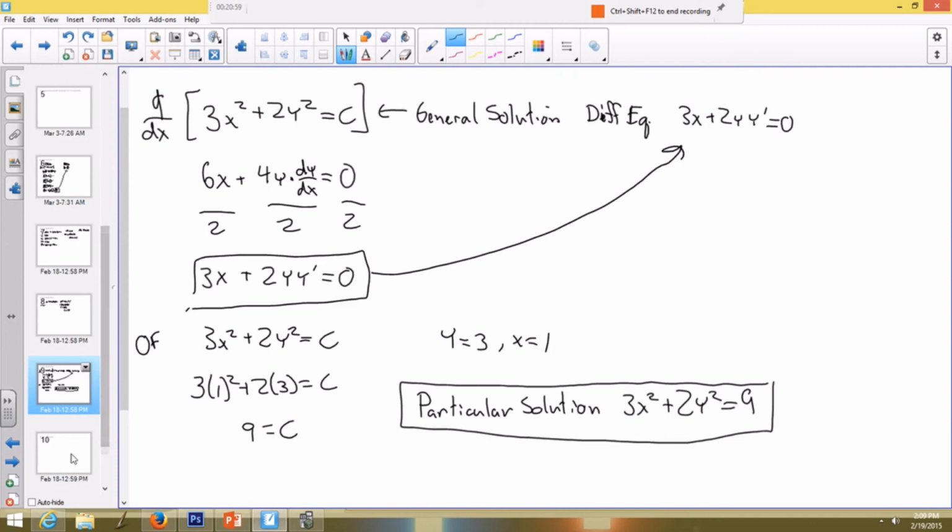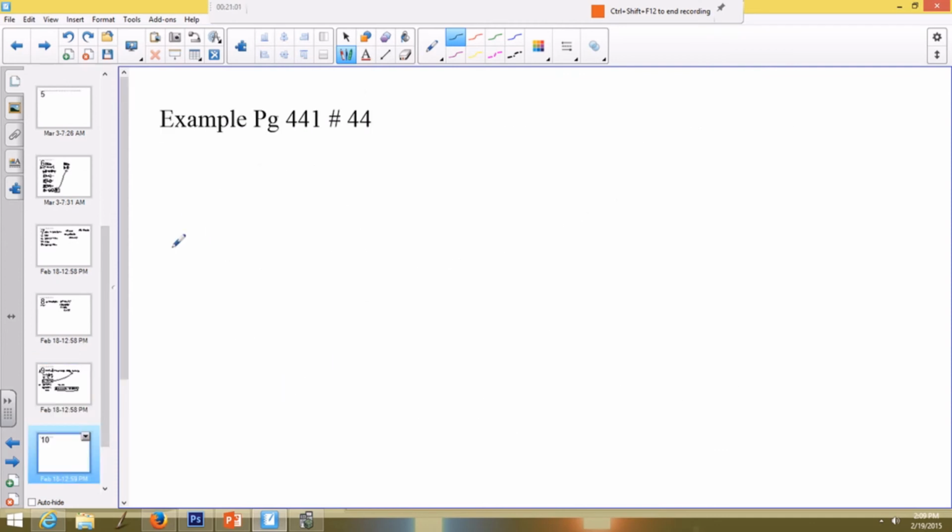All right, last one, number 44. And I'll do more examples in class during our class time if you need them. Number 44 says, use integration to solve the general solution of the given differential equation. So they say dy over dx is equal to e to the x over 4 plus e to the x.